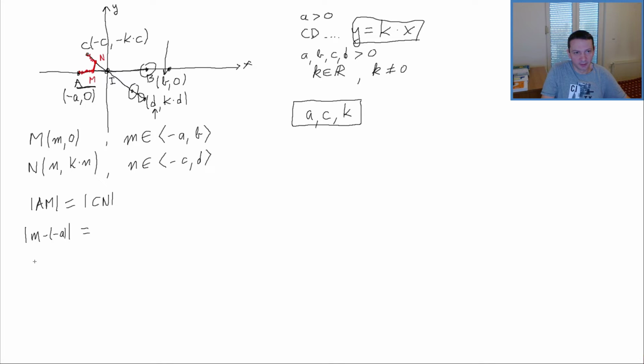For CN, we need to calculate by Pythagorean theorem here. So the distance between x coordinates of those 2 points are actually n minus c, but because of the Pythagorean theorem, we also obtain square root of 1 plus k squared.